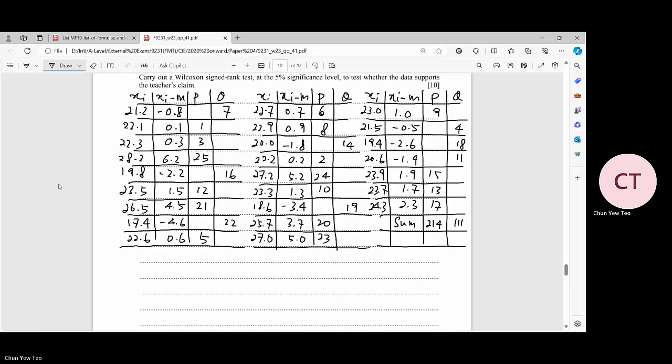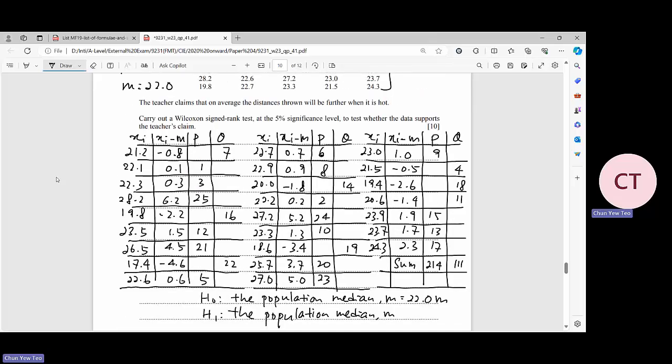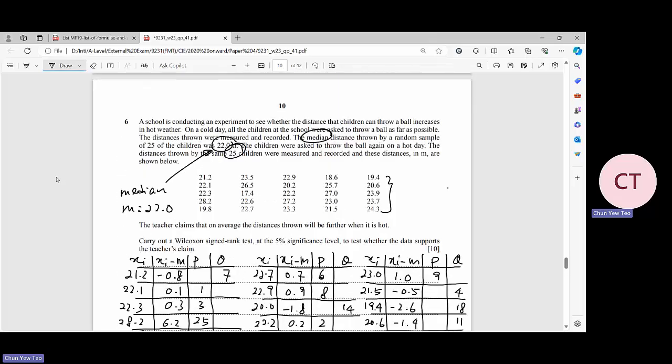Okay, so now we are ready to do the hypothesis test. The null hypothesis is that the population median is equal to 22.0, versus the population median, where we need to refer to the question: either not equal to 22, greater than 22, or less than 22.